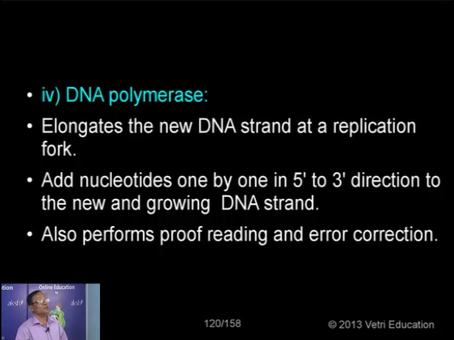Now, what is the role of this DNA polymerase? Simply, it is responsible for elongating the DNA molecule, the replication fork, by adding the nucleotides one by one in the 5' to 3' direction. Don't forget, the synthesis of DNA always occurs in the 5' to 3' direction. Even the transcription of mRNA and the synthesis of protein all occur only in the 5' to 3' direction.